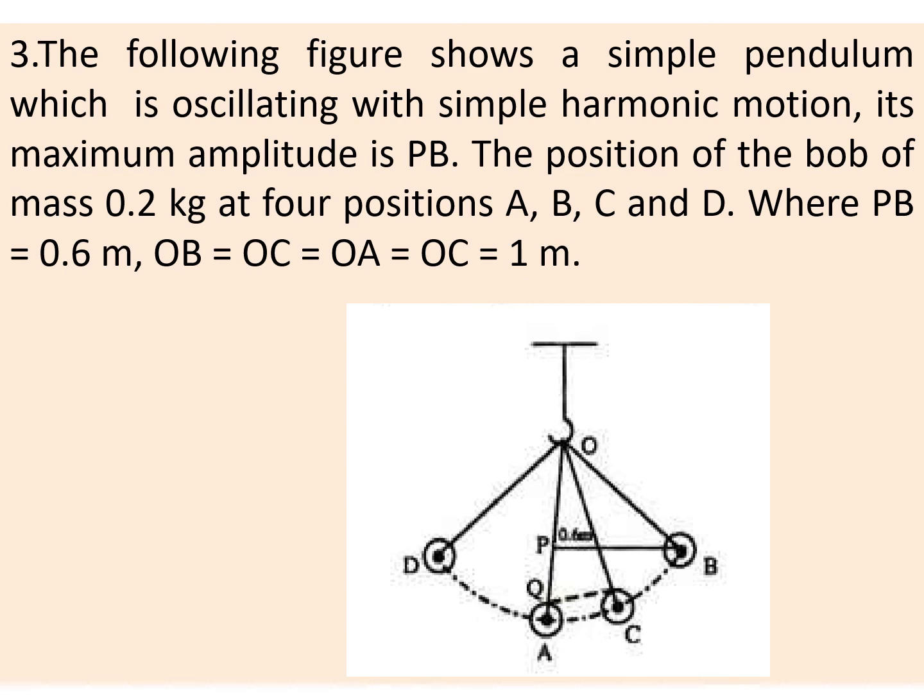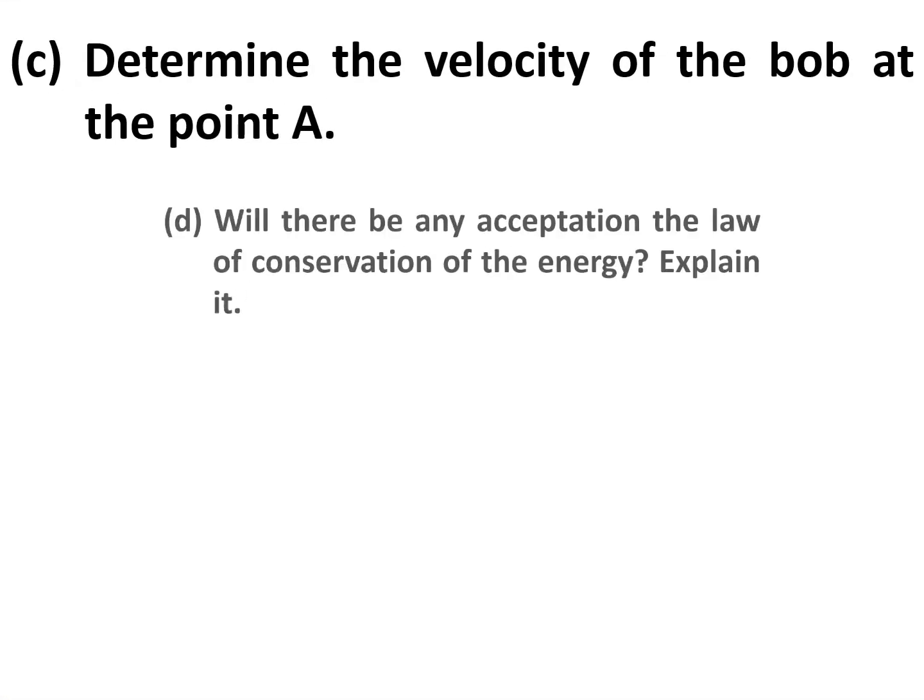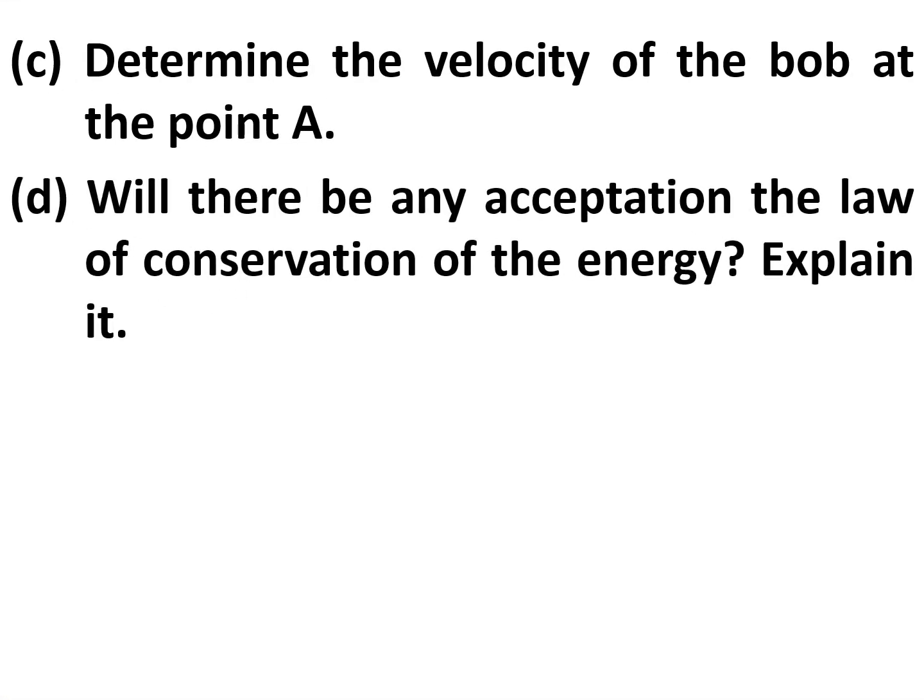Look at the figure. Then you have to determine the velocity of the ball at the point A. And will there be any exception to the law of conservation of energy? You have to explain it.